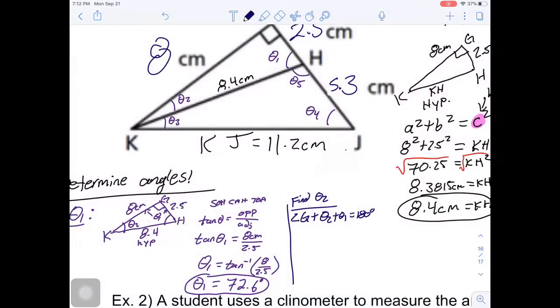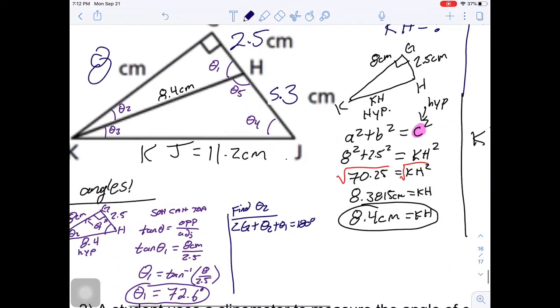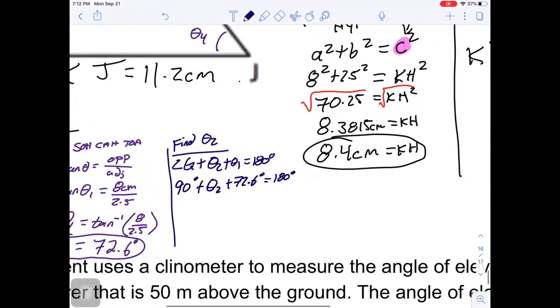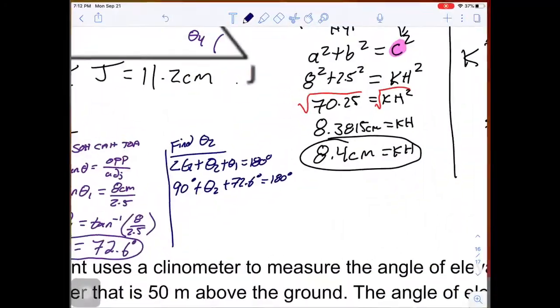We talked about that last video. So angle G here is 90 degrees. So this will be 90 degrees plus, we're trying to solve for angle 2, plus what we just found, angle 1 being 72.6. That equals 180 degrees.